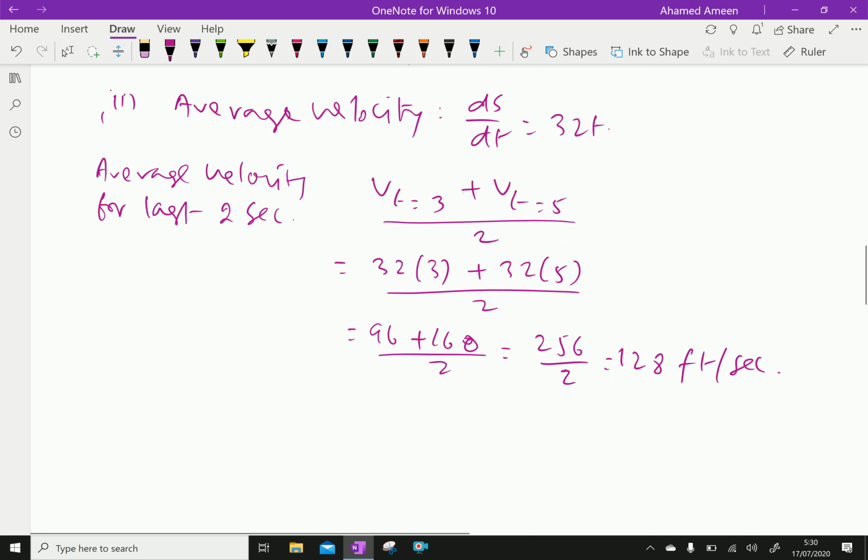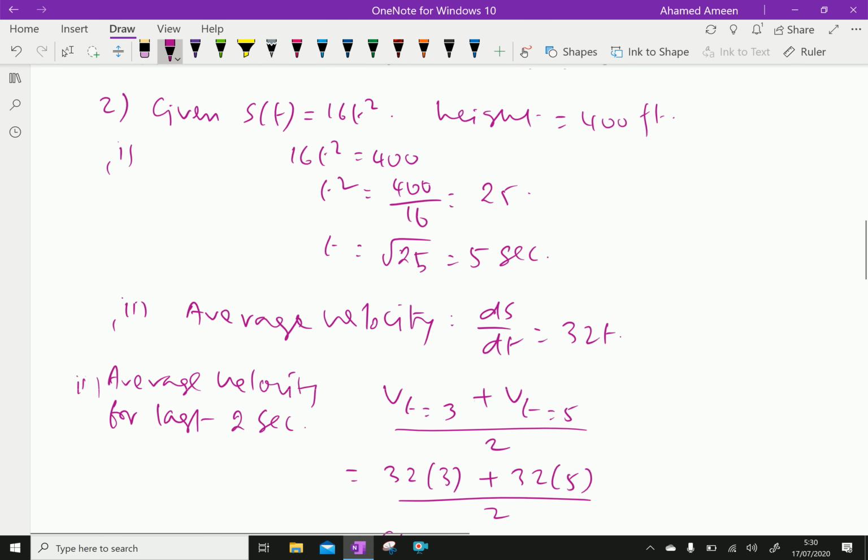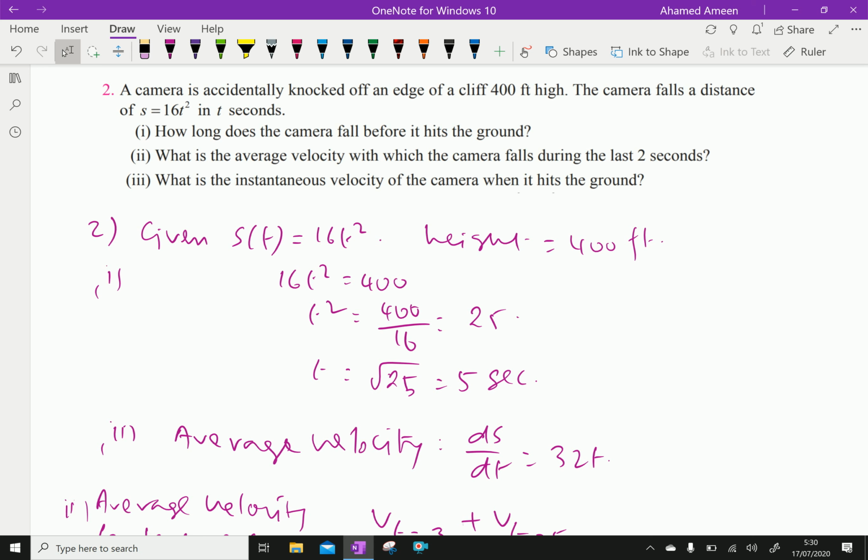Then third part, instantaneous velocity. What is the instantaneous velocity of the camera when it hits the ground?